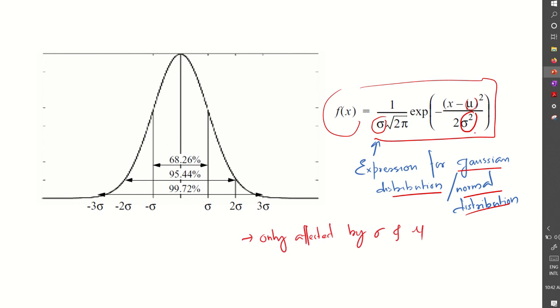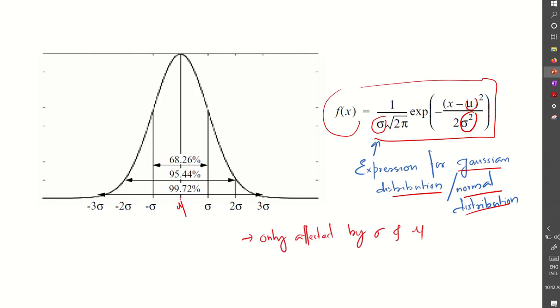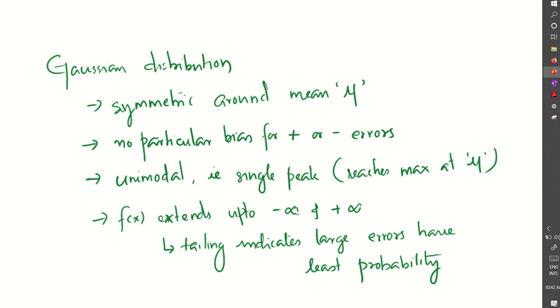So f(x) in the equation is actually affected by mu and sigma values. You can see that the middle point is mu. Whenever we take the Gaussian distribution, there are certain characteristics: it is symmetric around mu. It is symmetric around mu. There is symmetry on both sides. Then no particular bias for plus or minus errors.